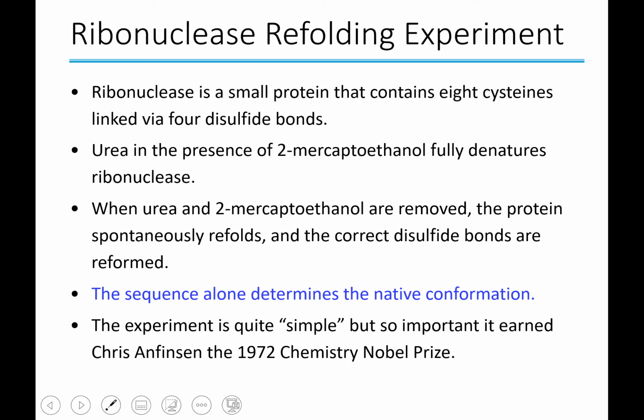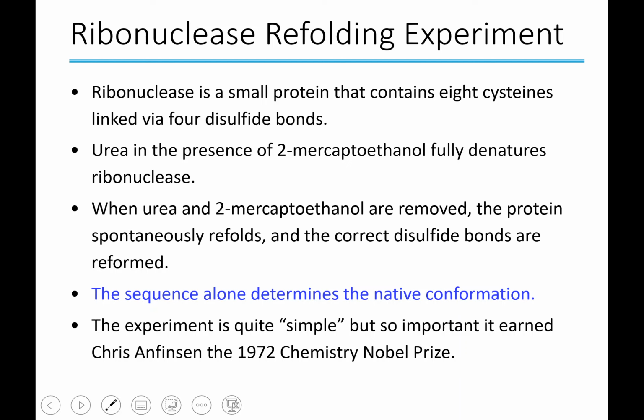When he removed the urea and mercaptoethanol, it refolded and it gained its activity back. And so from this experiment, the conclusion was that the protein sequence alone is what determines the native conformation.